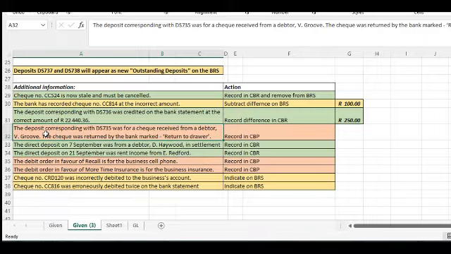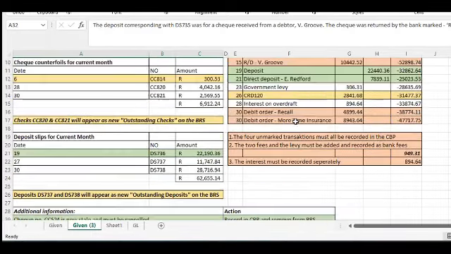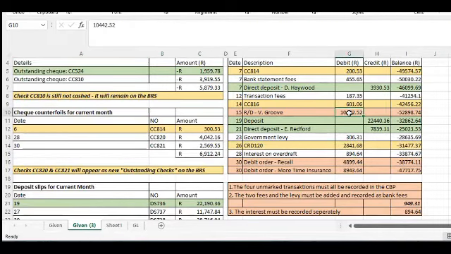It's weird if information suddenly goes missing, but now we found it again. So the deposit corresponding with deposit slip 735 was for a check received from a debtor via Groovy. The check was returned by the bank marked return to drawer. So this is the thing here that says return to drawer via Groovy, and the amount is there.